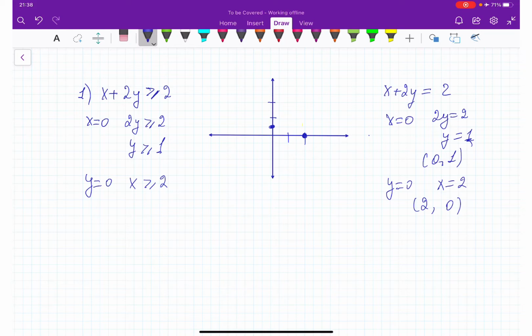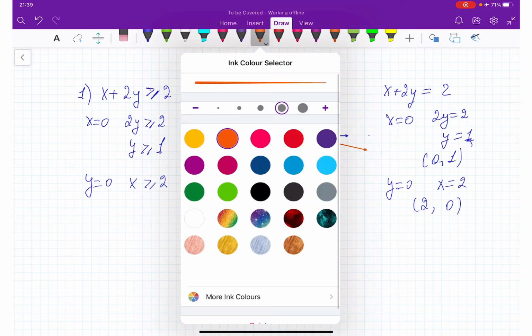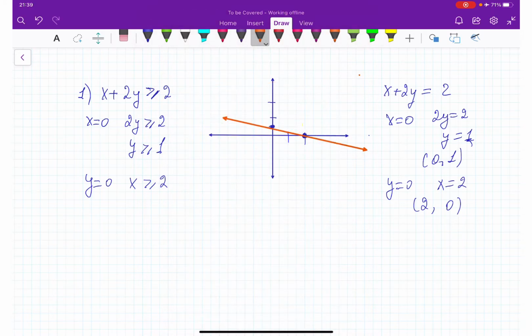So the graph is going to be like this. Okay, thicker.